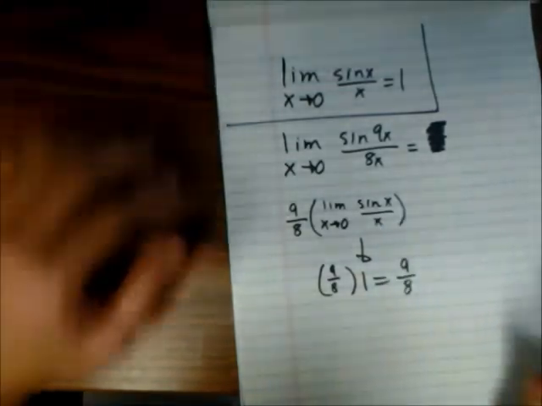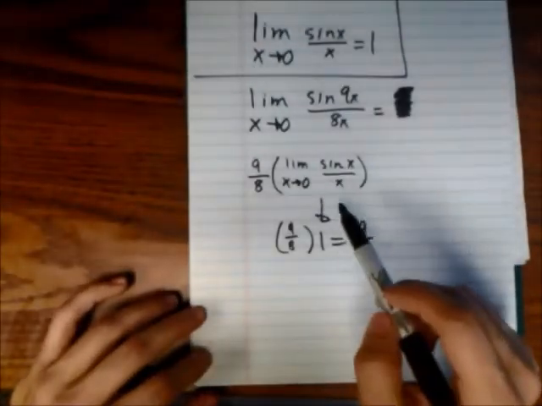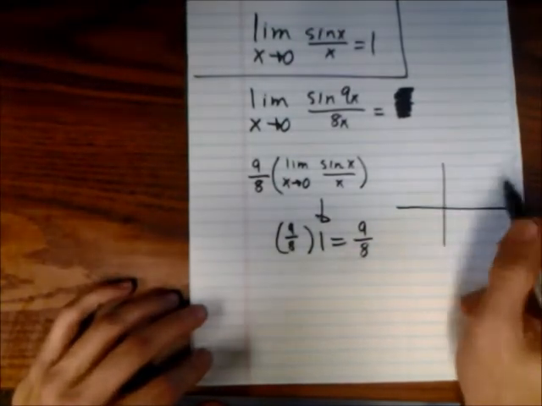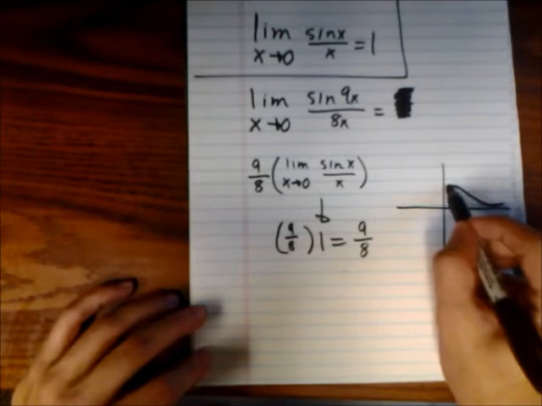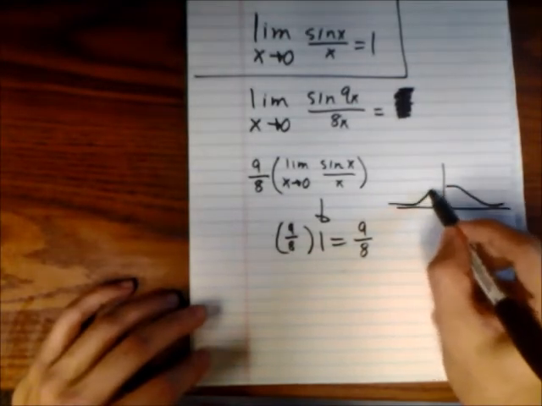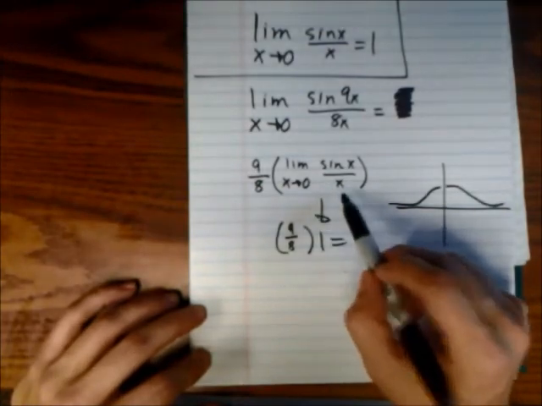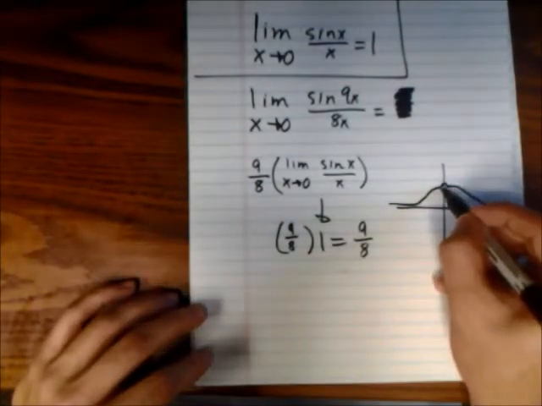Visually, sine x over x looks a little bit like this as it approaches 0. As you can tell, x is in the denominator, so if we plug in 0, we'll get undefined. That's why there's a hole here.